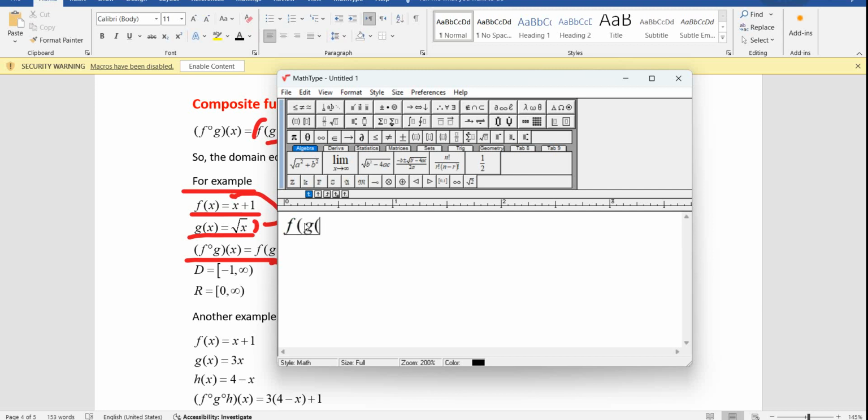g composited with f equals square root of x plus 1. Domain is going to be from 0 to infinity, as you see.